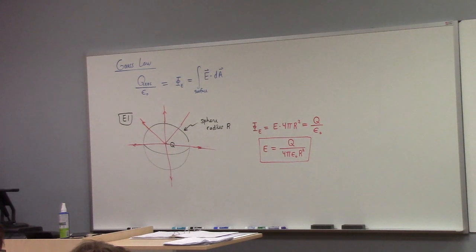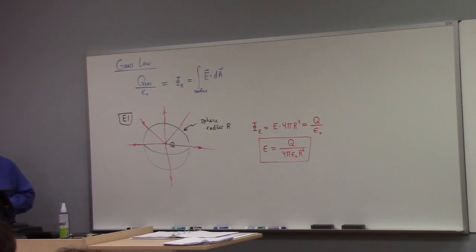You're like, I already knew E was equal to Q over 4 pi epsilon naught r squared for this, so this isn't really that exciting. Fair enough. What would the electric field be if instead of having a point charge at the middle, imagine we had a homogeneous sphere of charge Q?